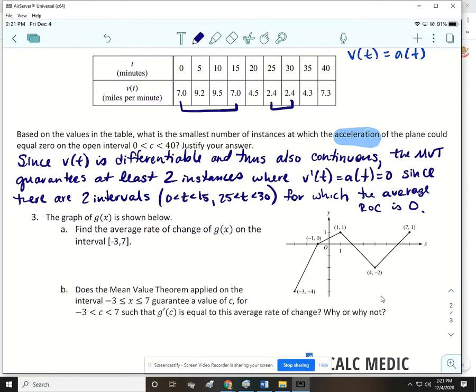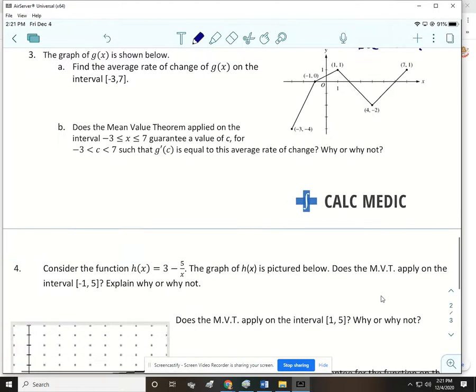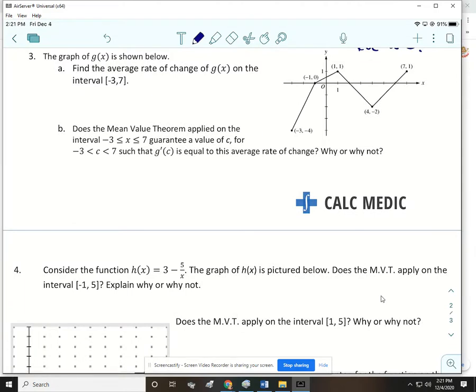All right, let's look at number 3. We have a graph that represents g of x. Part A asks us to find the average rate of change of g of x on the interval from -3 to 7. So we basically want to find the slope of that secant line right there.